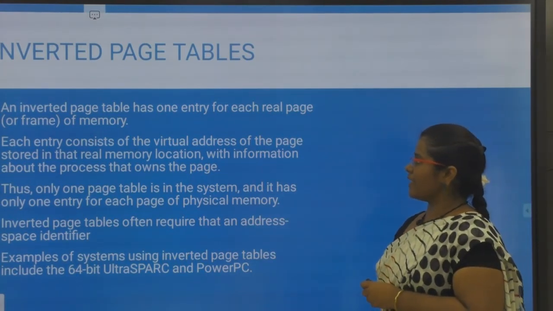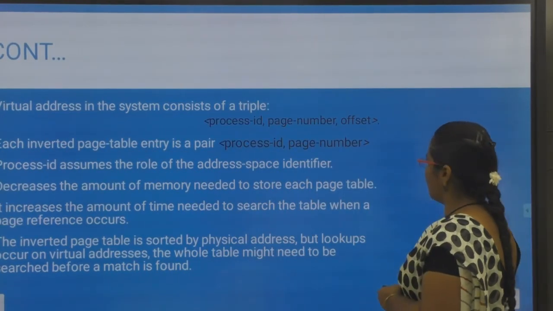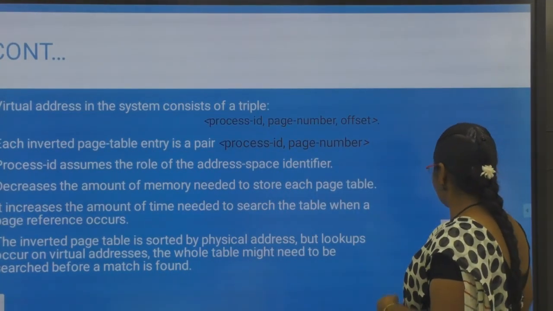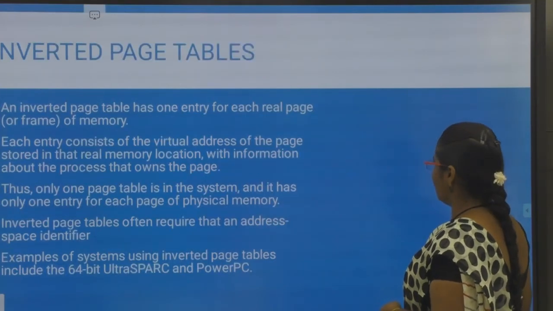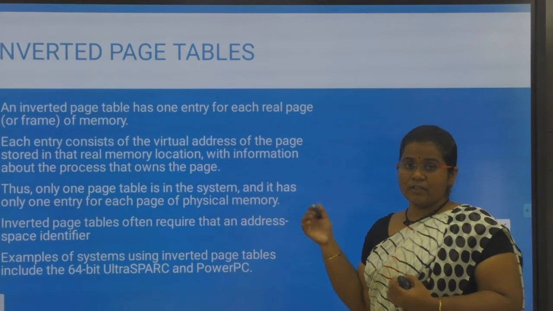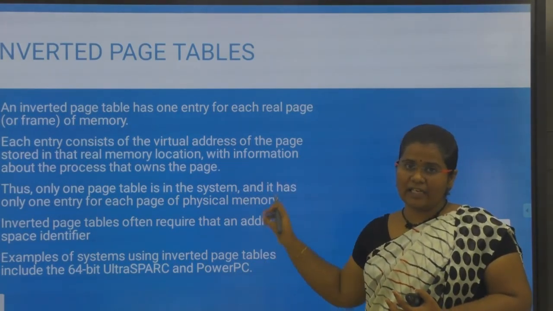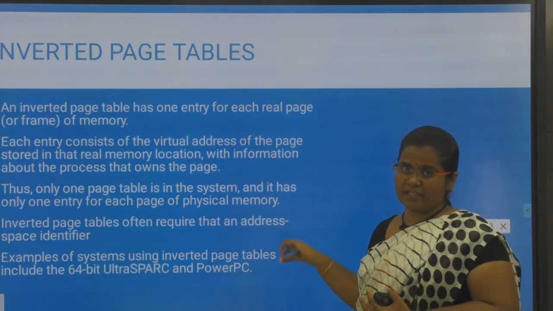The inverted page table has one entry for each frame. Previously, I had page numbers as indexes of the page table and frame numbers as entries.